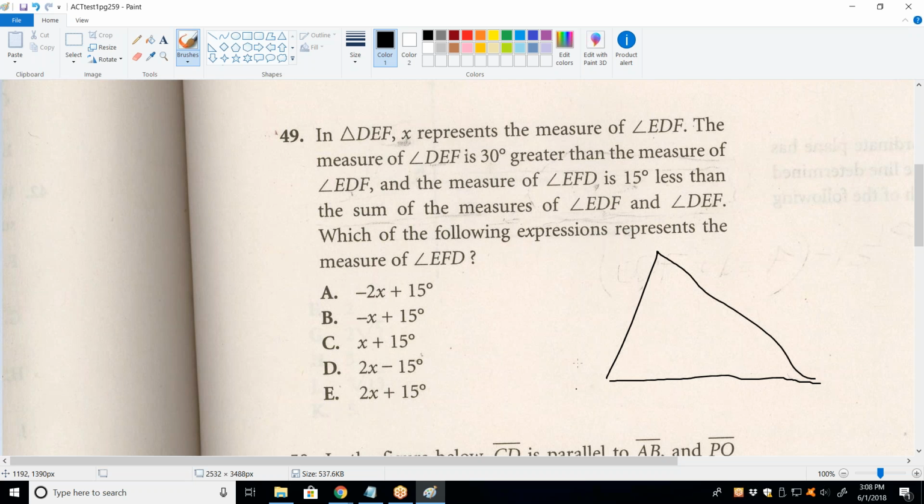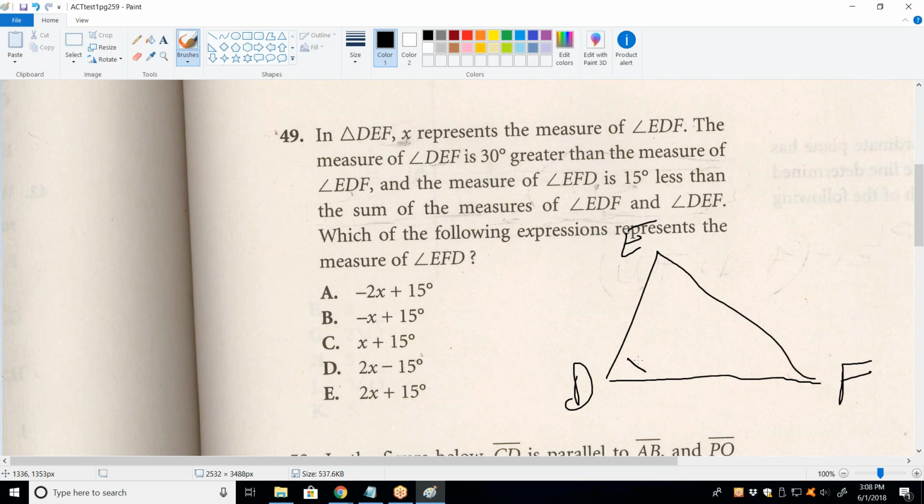DEF. So if I call that DEF, they're saying DEF is 30 degrees greater than the measure of EDF, and EDF is 15 degrees less than the measure of both of those. So we need to introduce a variable. How do we know that? If we look at our answers, they all have an X in them.